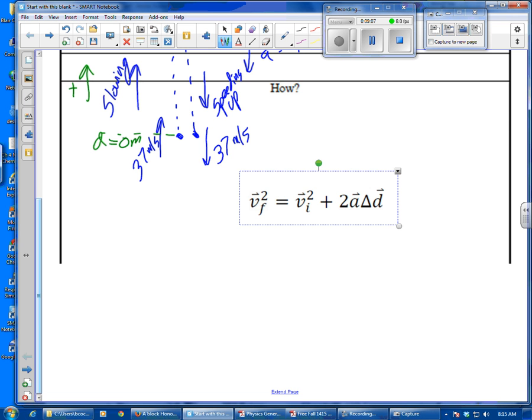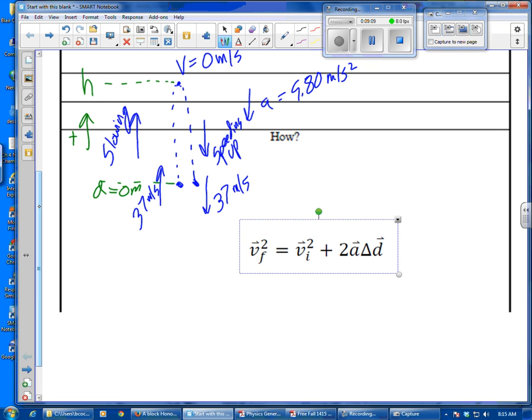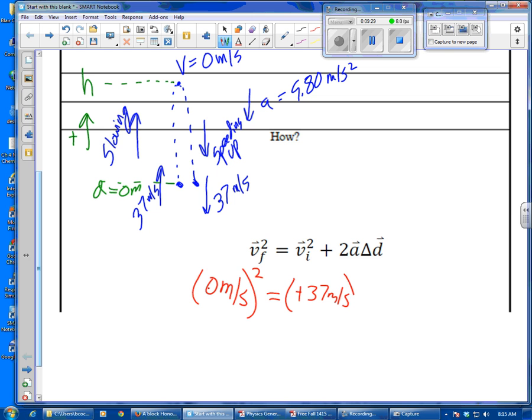And I know that at the very top should be my V final. It's not moving, so my V final is 0 meters per second, squared. My V initial was upwards at 37, so that's positive 37 meters per second, squared.